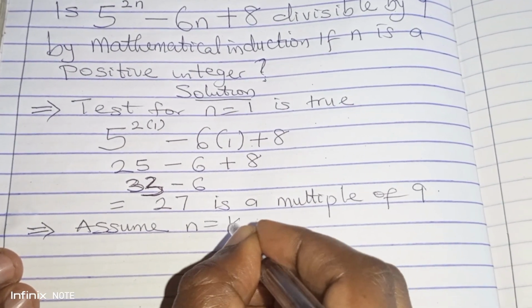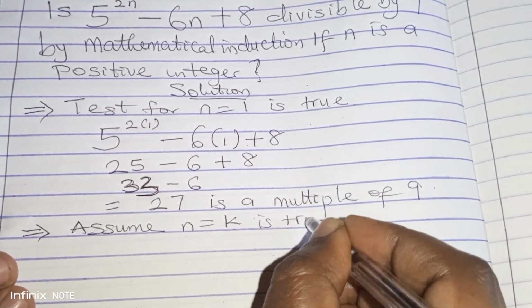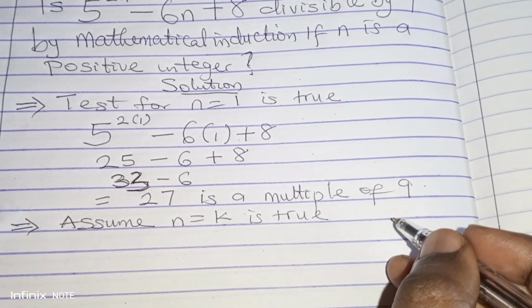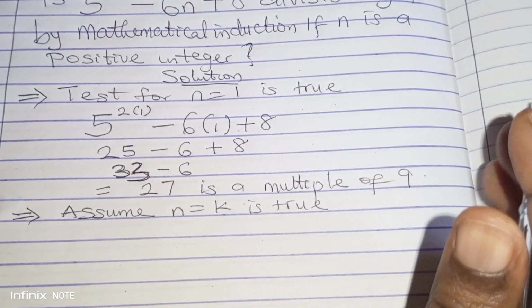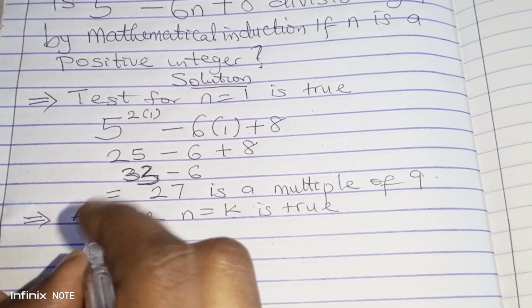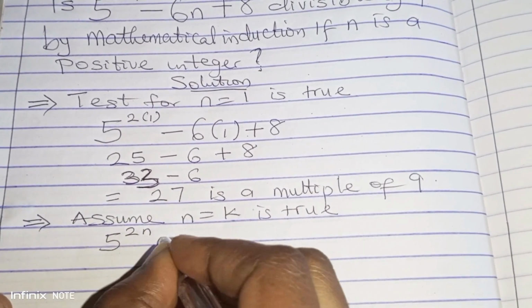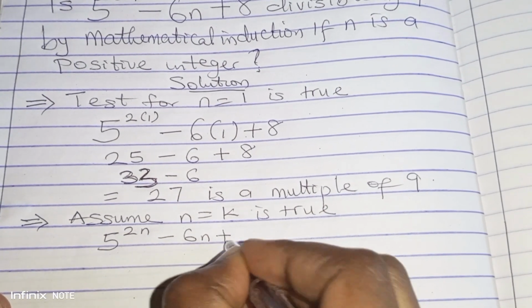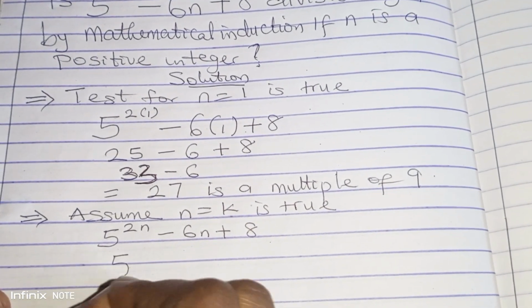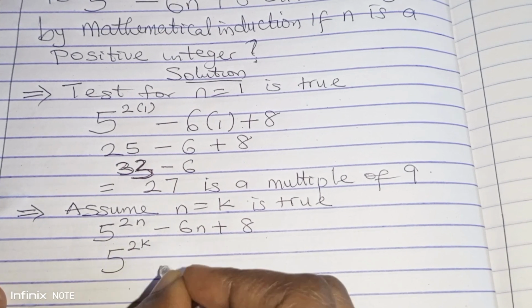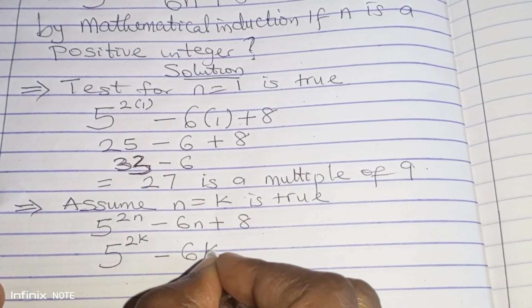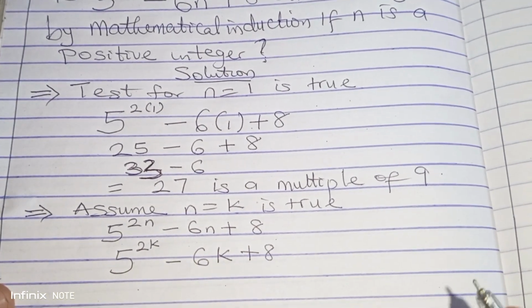n is equal to k is true. So that is, if I pick any natural number, I want to assume that it is true. So anywhere I see n from this expression, I'm putting k there. So I have 5 raised to power 2 multiplied by k minus 6k plus 8.